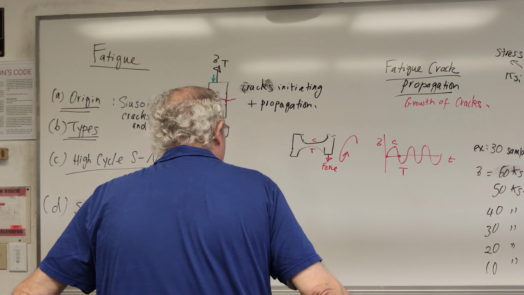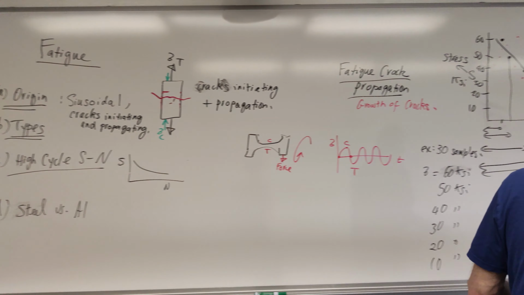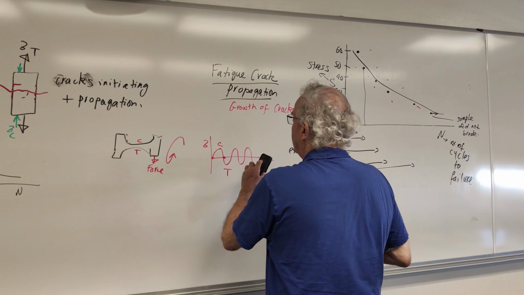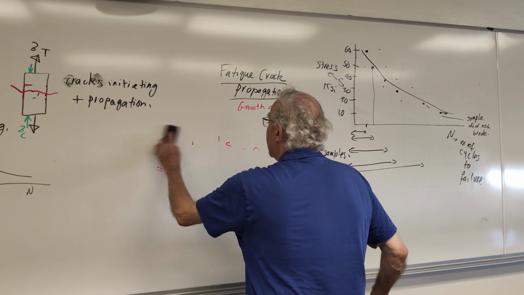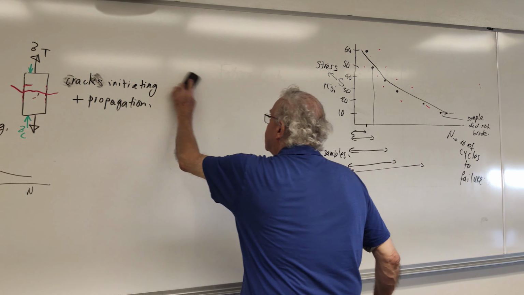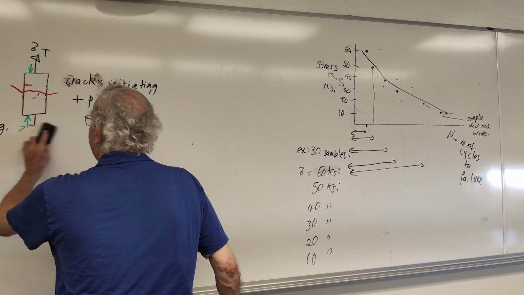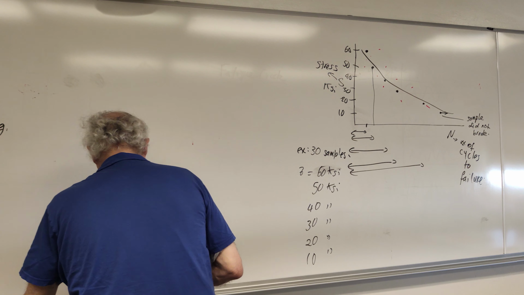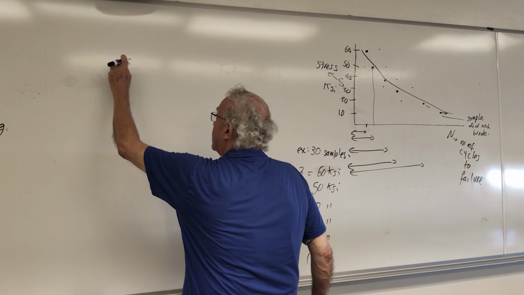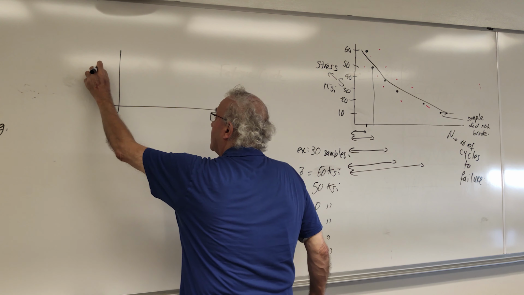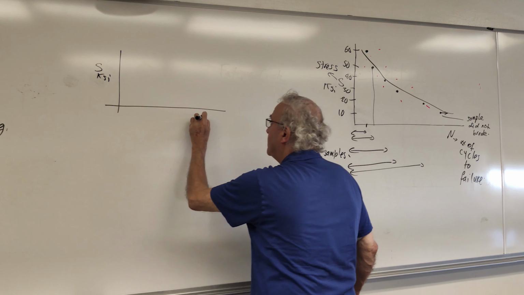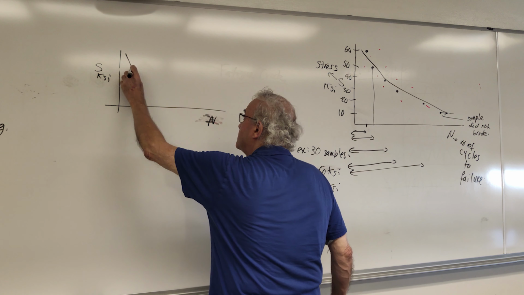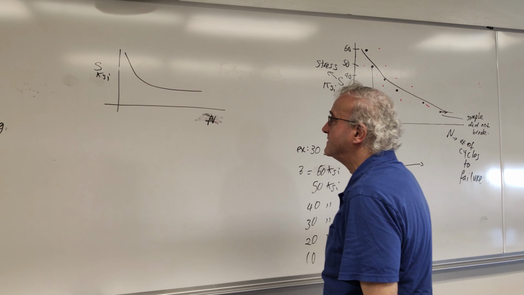Steel, for some reason we don't know, has a beautiful property, and that property is what we call a knee or an elbow or an endurance limit or fatigue strength, meaning that in steels, if I have S in KSI versus N in number of cycles to failure, you have in steel something looking like this.